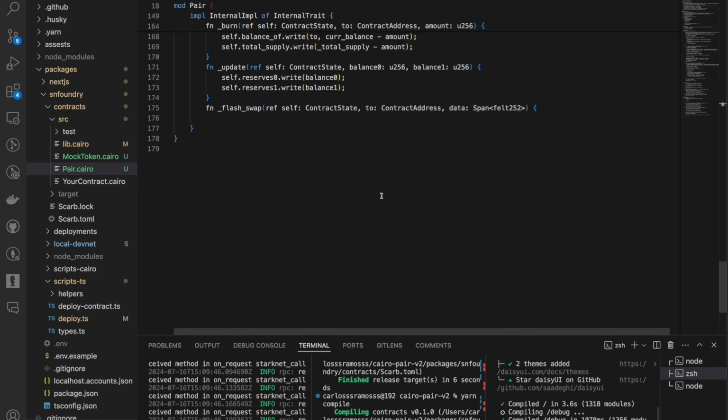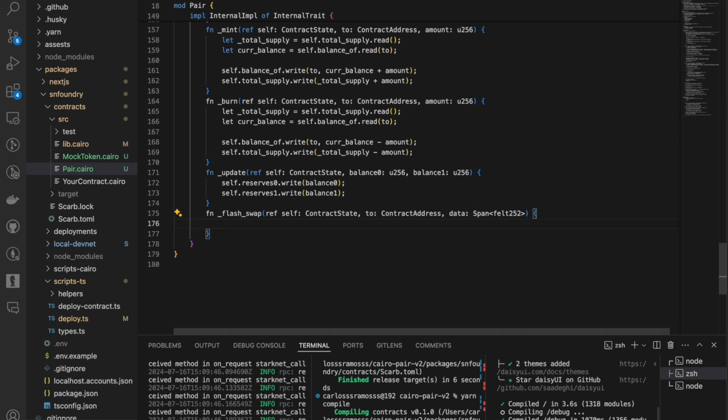Right, and I'm going to be doing this here. So what I do is I need to call contract syscall with data. I'm going to pass an entry point, which is going to be the Uniswap V2 pair flash swap callback.